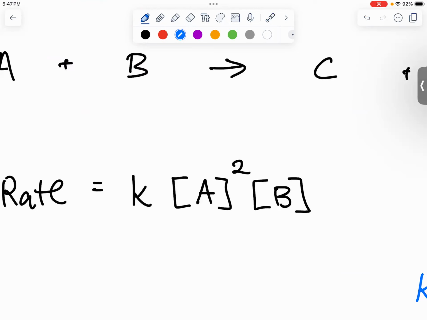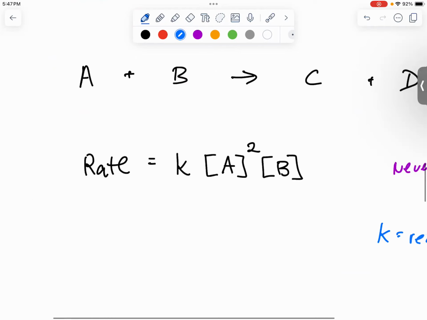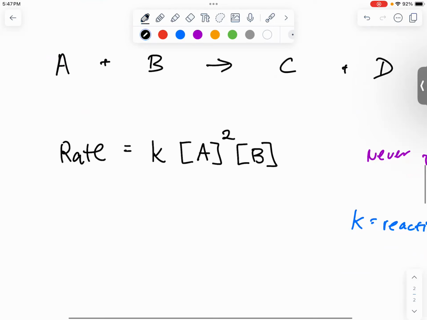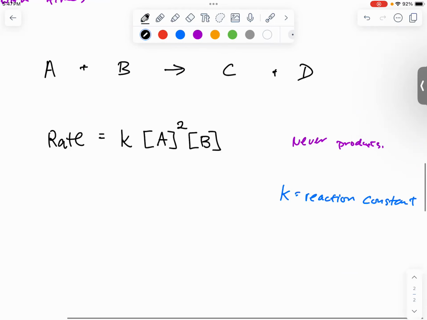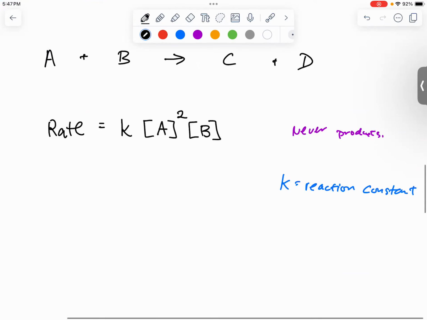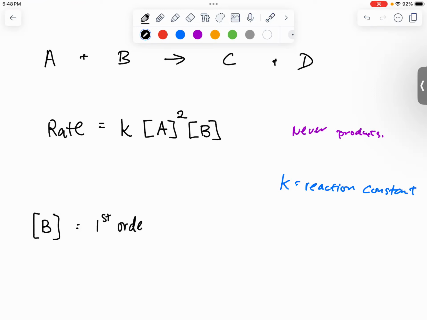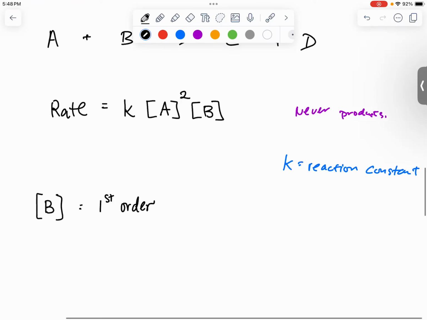Now, you may see something like this. What does it mean? Let me give you the lingo in this topic because it gets very specific. We would say reactant B is first order.